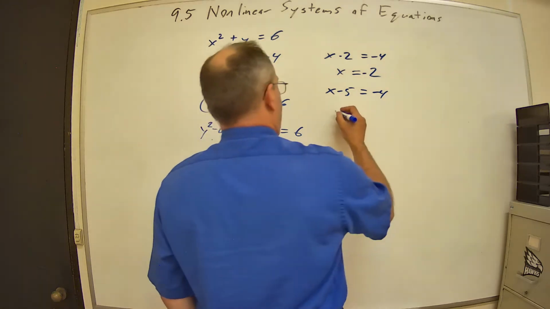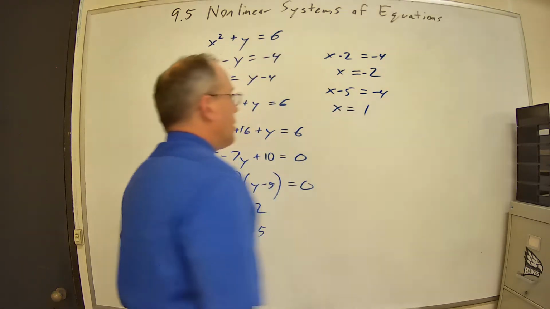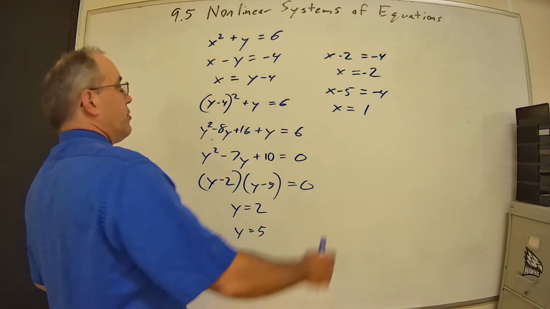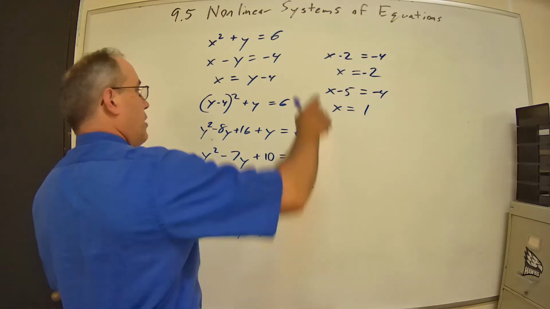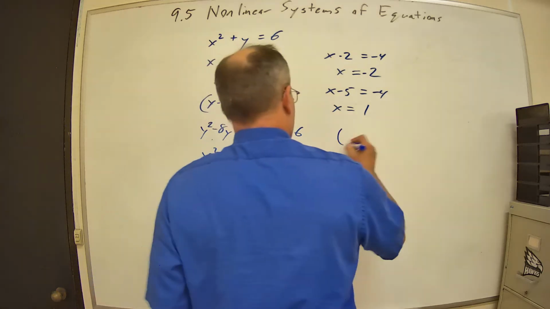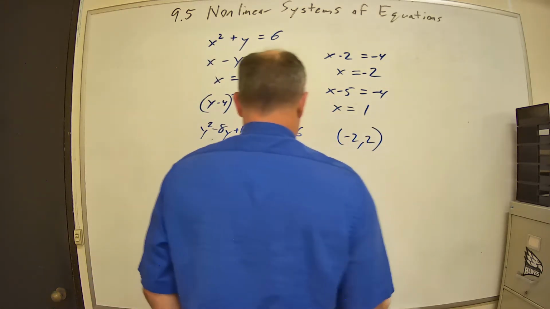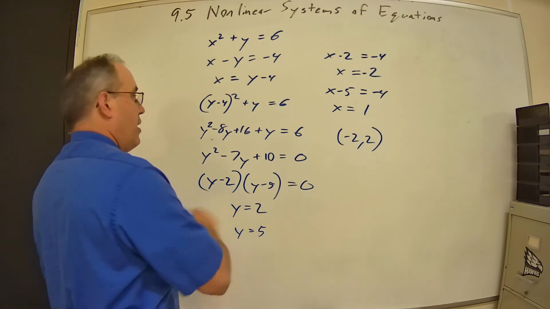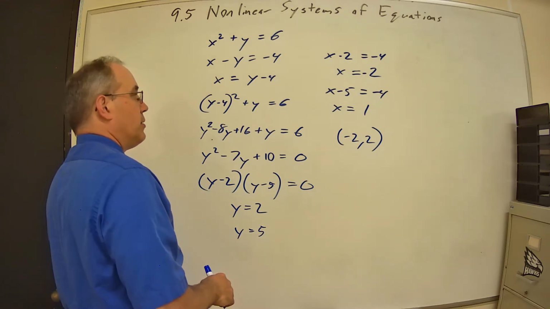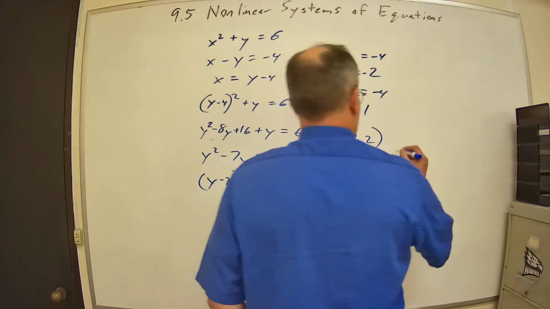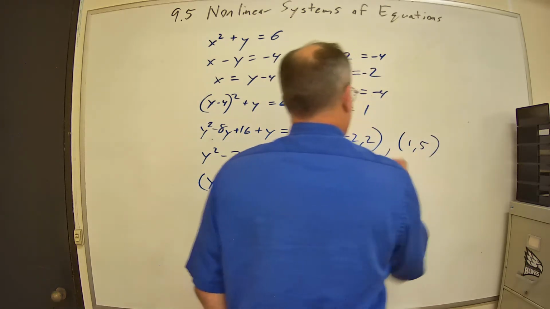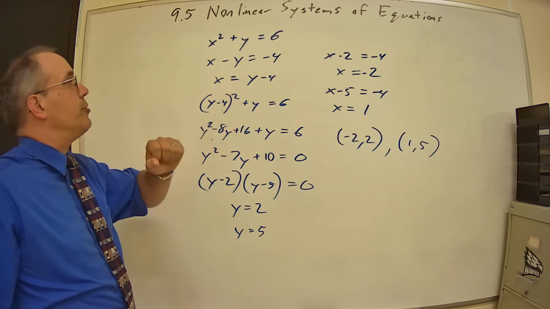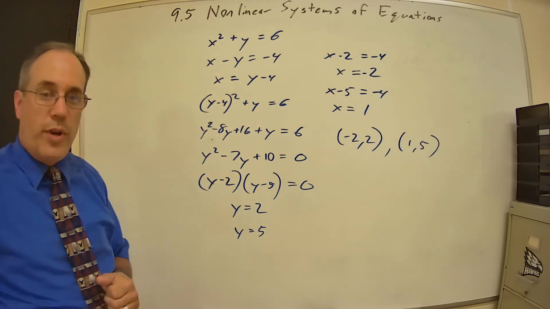Add 5 to both sides, and x is equal to 1. So when y was equal to 2, x is equal to negative 2, so we have negative 2, 2. And when y was equal to 5, x was equal to 1. So we have 1, 5. And we have our two solutions to this nonlinear system of equations.